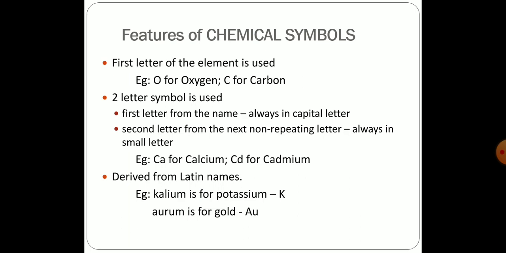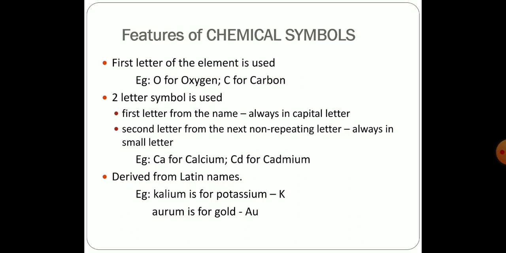Now take the example of calcium and cadmium. The first letter is C, they are repeating. Now look at the second letter. The second letter is also repeating. So for calcium we take Ca, the first two letters, and for cadmium again we cannot take Ca, so we have to take Cd.